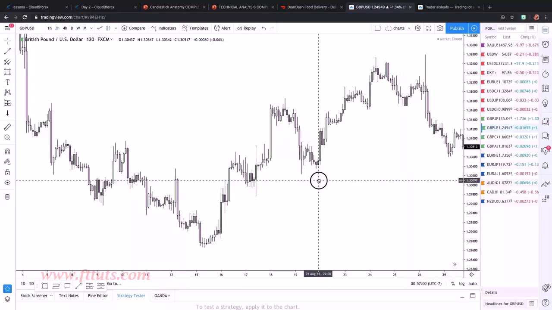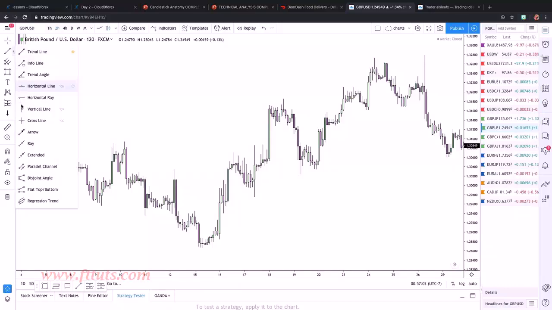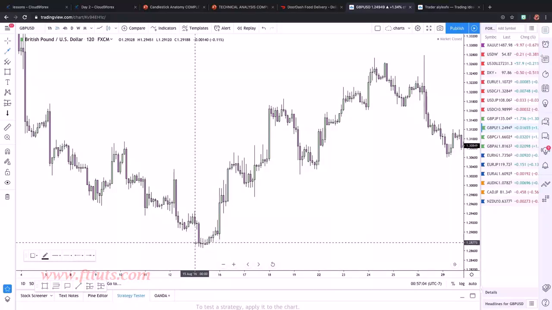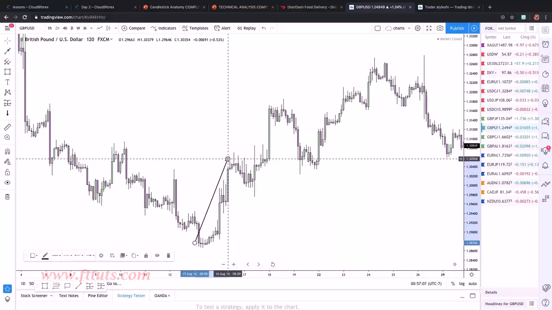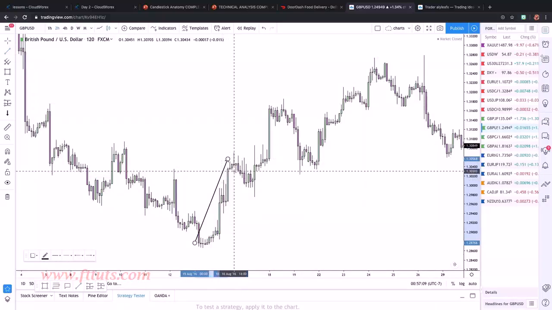So GBP USD, going to be looking for a bullish flag. So right here we have an impulse and then a correction, which is a flag.